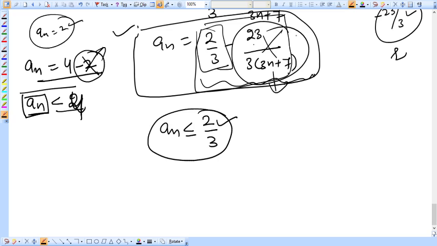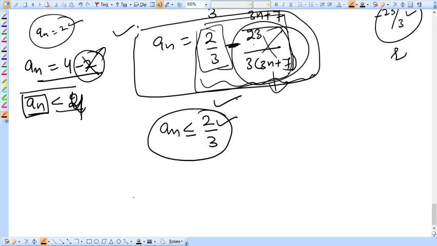That is, when we remove such terms which occur after a minus sign, it makes this inequality. That's why I'm writing a_n is less than or equal to 2 by 3. It may be equal also. So your upper bound is 2 by 3.